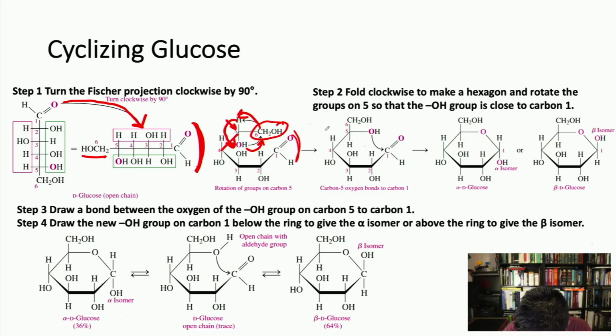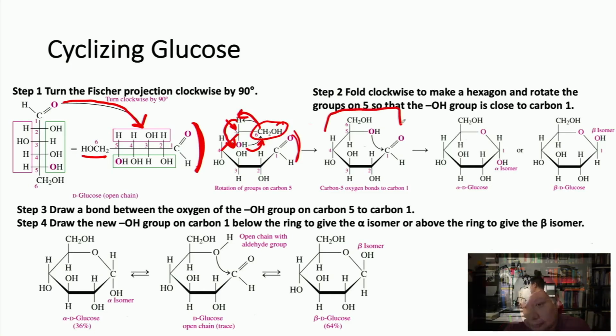And that's what you have here on this molecule. Why do we have to do that? Well, because now it puts this hydroxyl right here in prime position so that the oxygen can form a bond between it and the carbon.